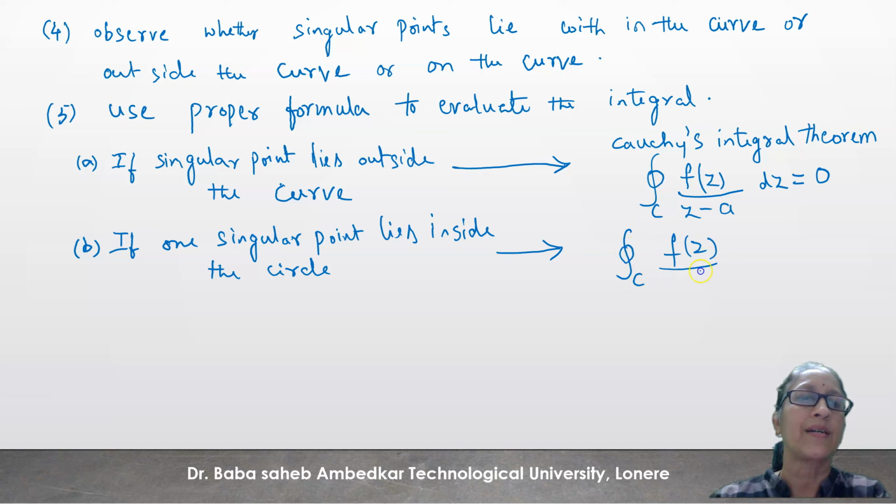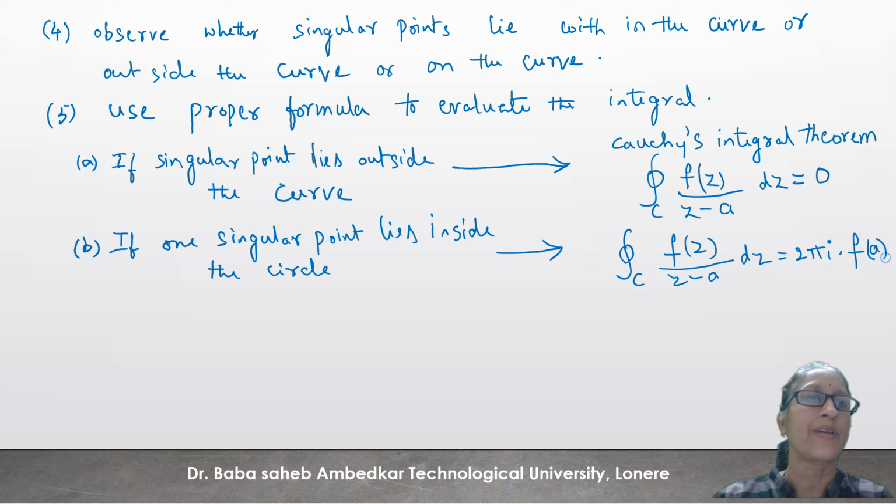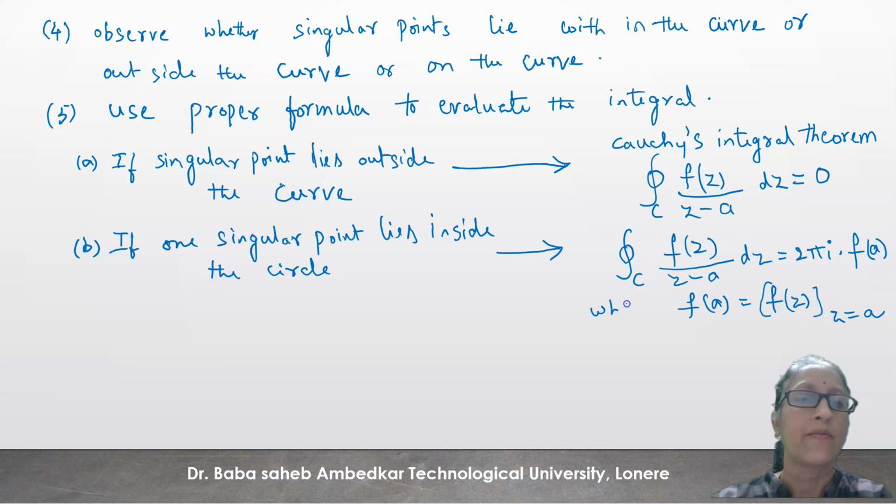Here the integral of f(z) upon z minus a dz equals 2 pi i into f(a). Here what is f(a)? f(a) is nothing but the value of f(z) at z equal to a.